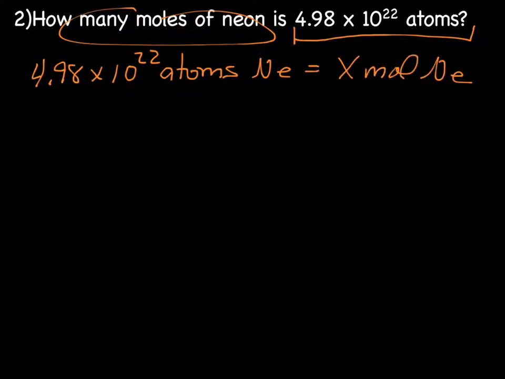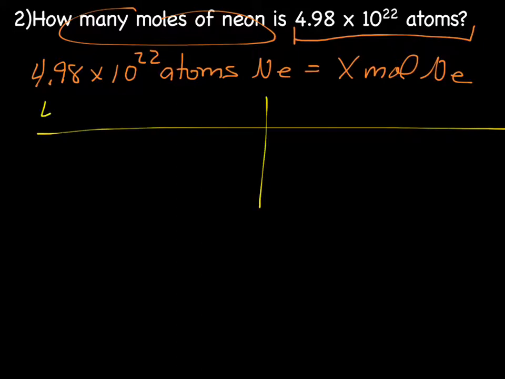Let's set up our grid and write our known over 1. So we're going to have 4.98 times 10 to the 22nd atoms of neon over 1.